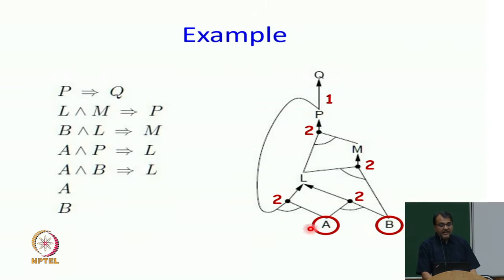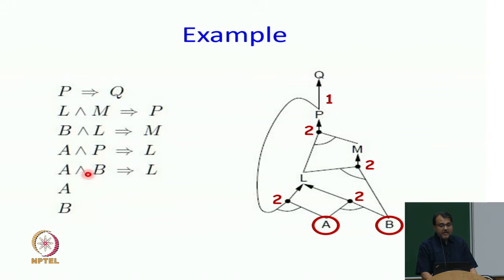Then I also know that A and B implies L. So the way I represent it is I take an arc out from A, an arc out from B, and put it in this intermediate node. And I make an arc which says two of these things need to be true for me to get to L, and I make an arc from this dot to L. So basically I am keeping track of how many incident variables I have in the antecedent.